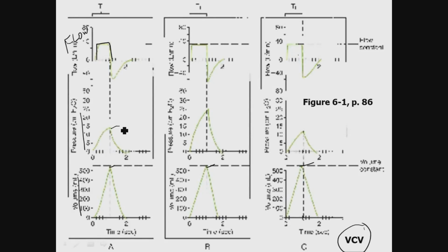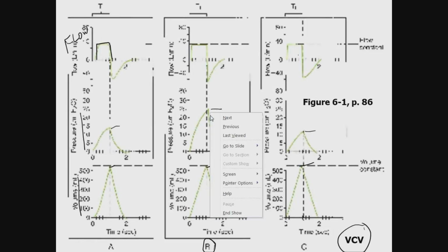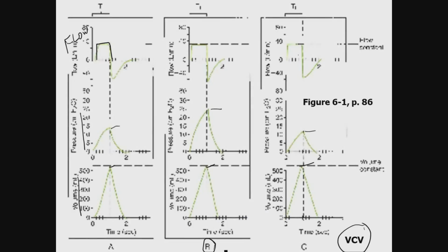What has changed is the peak delivery pressure, and the reason is that I changed the resistance within the circuitry. I've made my resistance increased, as in bronchospasm, and the peak pressure went up. What didn't change is the volume or the flow. This is what would happen if there was bronchospasm.